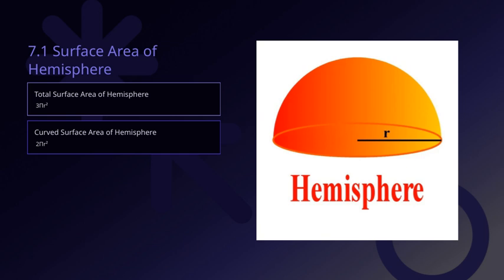Finally, note that the surface area of the hemisphere is 7.1 times pi times the radius squared, which is a way to express the total surface area in a simplified numerical form. Recognizing these relationships allows us to better grasp the geometric properties of hemispheres and their practical uses.